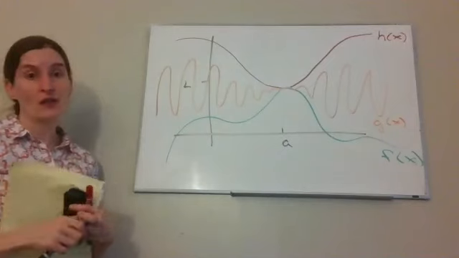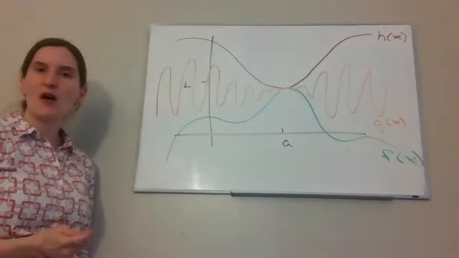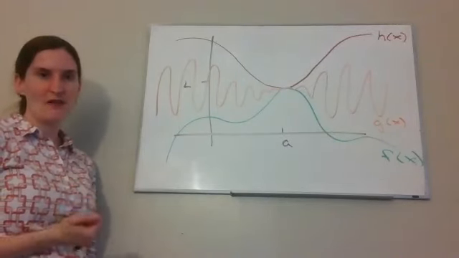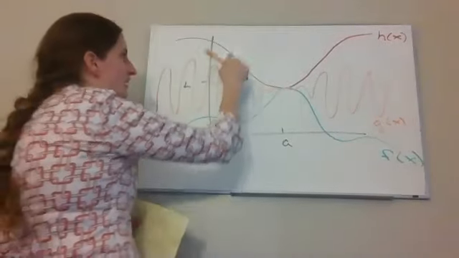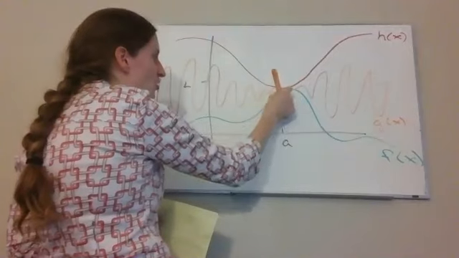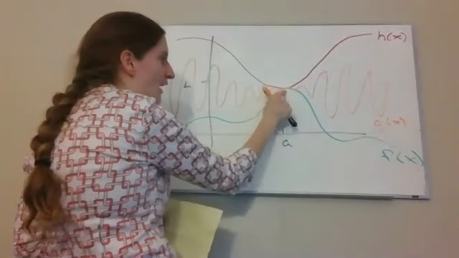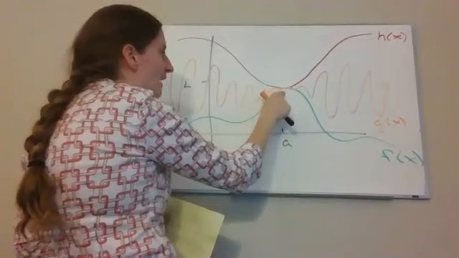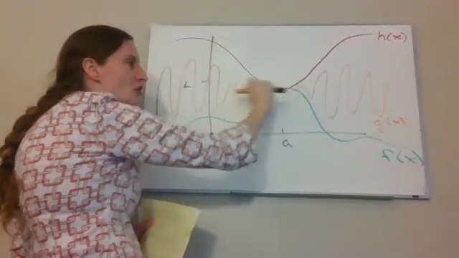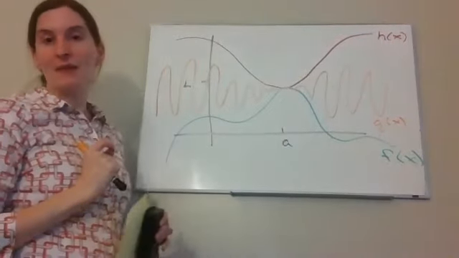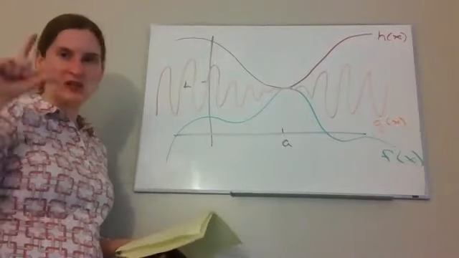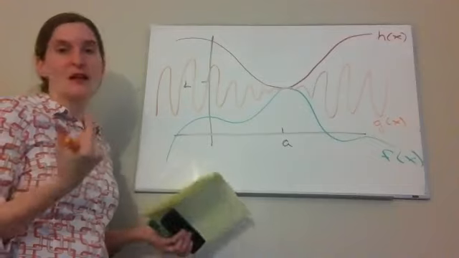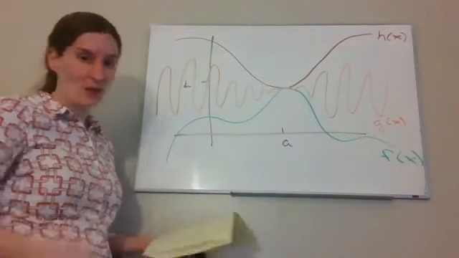My function g is very complicated, but it's always in between the functions f and h. We know that the limit as we approach a of h and of f is equal to this value L, and notice how it smushes g to that same exact limit in the middle. You can think of it like a sandwich, and you just pinch the sandwich in the middle. They all have to equal the same value at that point.